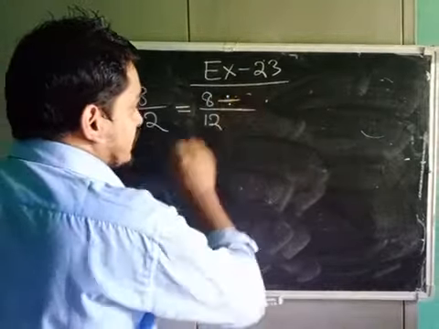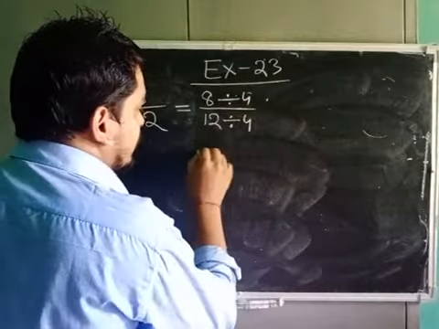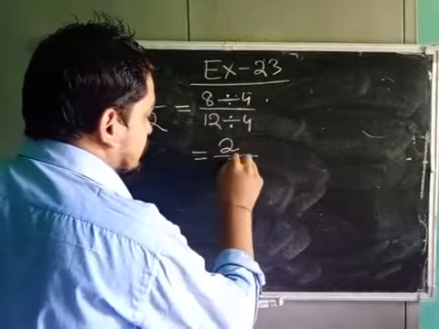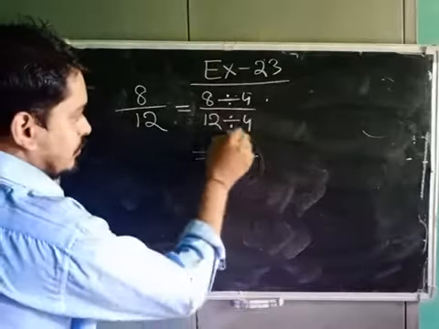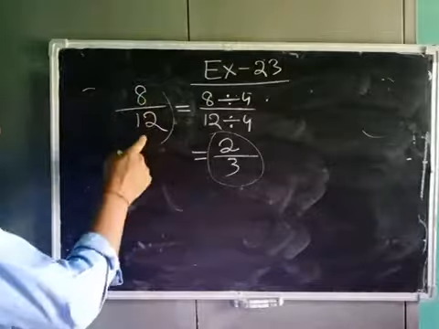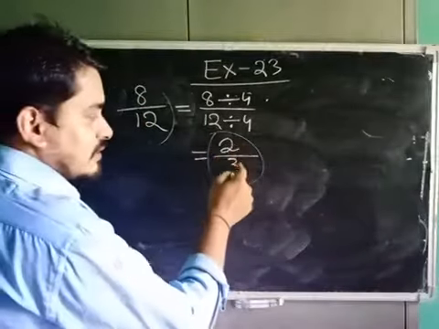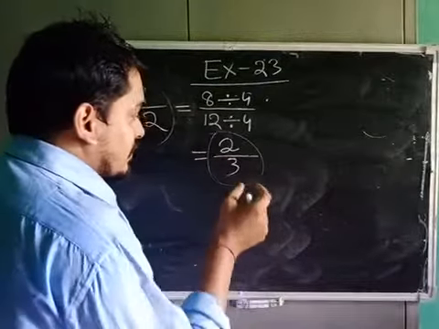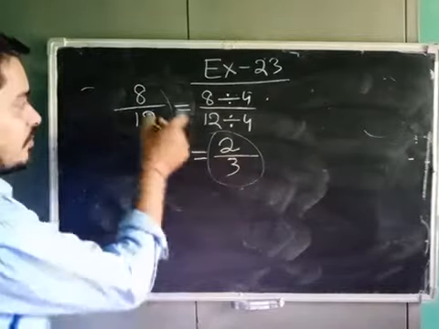If I divide 8 by 4 and 12 by 4, what will we get? 4 2s are 8, 4 3s are 12. So it is the simplest form of 8 by 12. The simplest form of 8 by 12 is 2 by 3, because there is no number which can divide both 2 and 3 together. That is why it is the simplest form of 8 by 12.